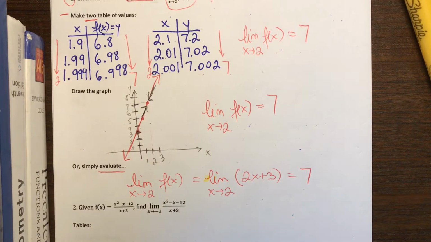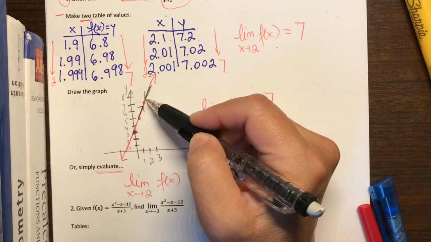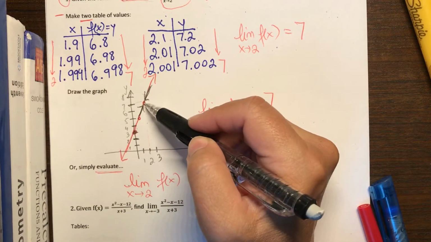Why is that? Because for the vast majority of functions, really for continuous functions, as we will end this section with, what happens near a point is exactly the same as what happens at the point itself, right?